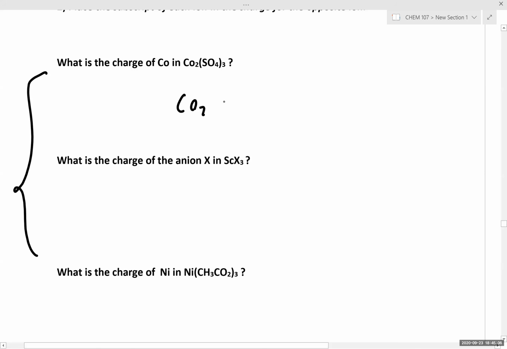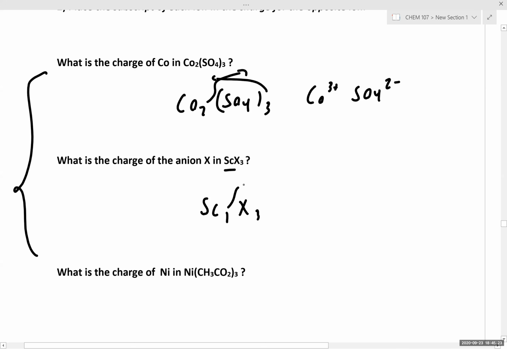So for cobalt sulfate, we reverse cross our charges, and that gives us cobalt 3 plus and sulfate 2 minus. For the following scandium compound, we again reverse cross our charges, and that gives us scandium 3 plus and X minus.